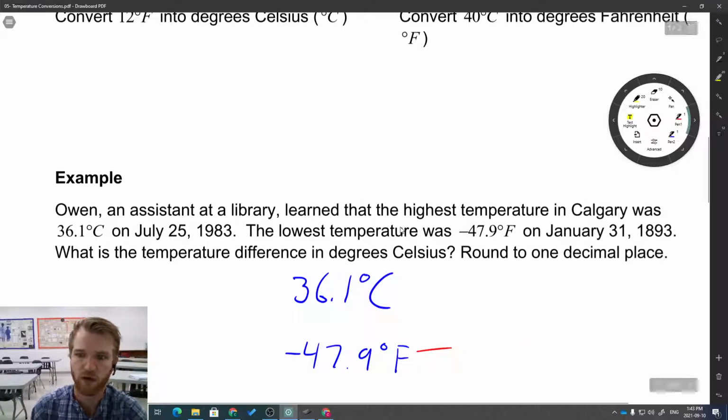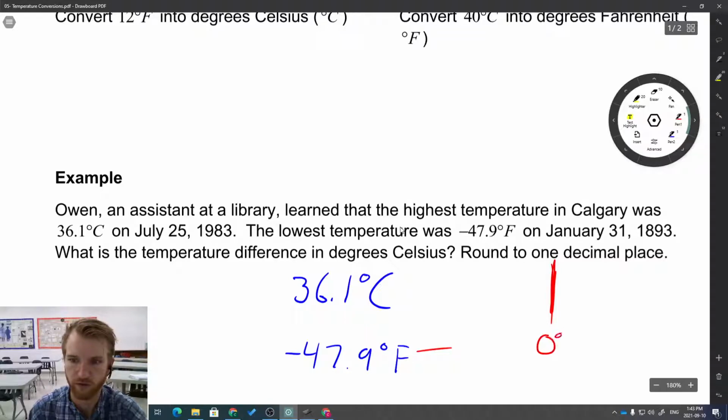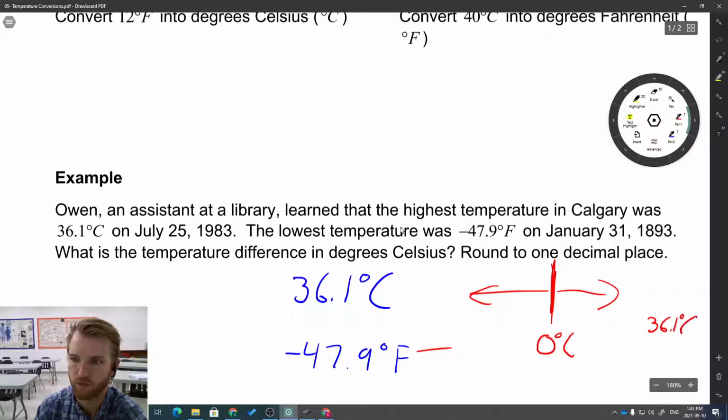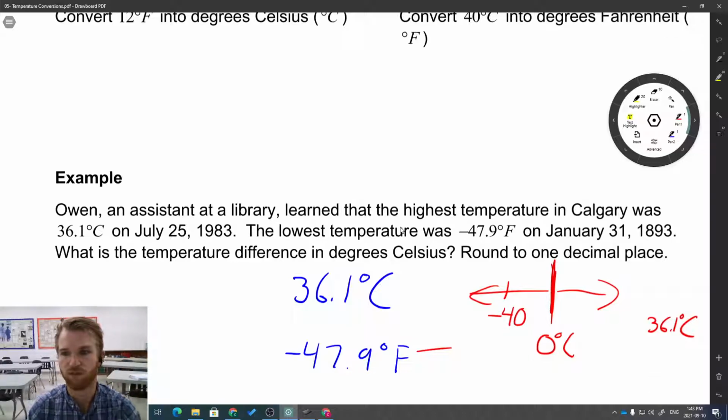So let's say our highest temperature, like here's 0 degrees Celsius on a number line. If we have a number line, we're going negative this way and positive that way. So our highest temperature was 36.1 degrees Celsius, and our lowest temperature, I'm just going to make up a number. Let's say it was negative 40 or something. And it says, what's the difference between those two numbers?